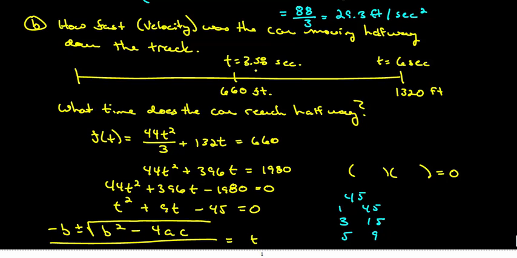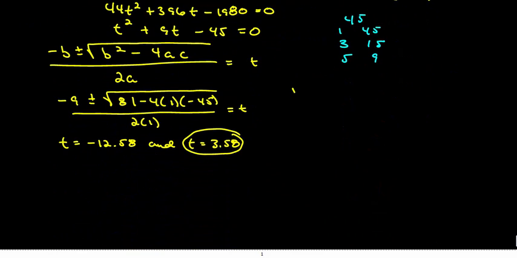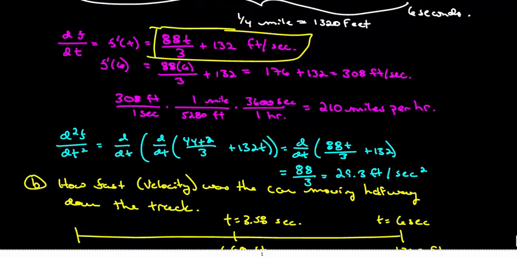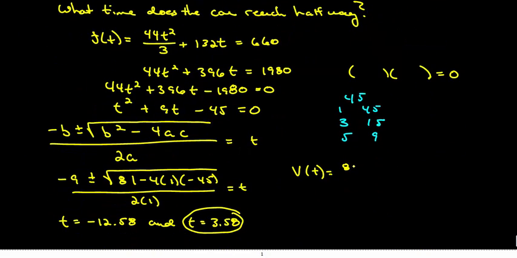So we're going to take this value, 3.58, and figure out what the velocity is at 3.58. The velocity is a function of time. We know what that's equal to: 88 over 3 t plus 132, and we'll evaluate it at 3.58 seconds.